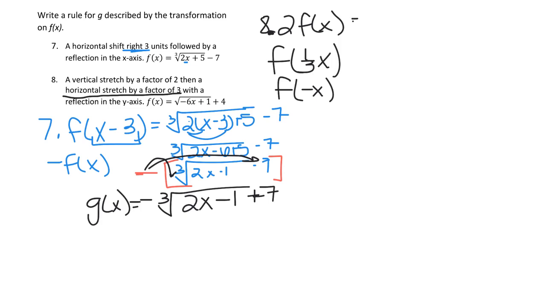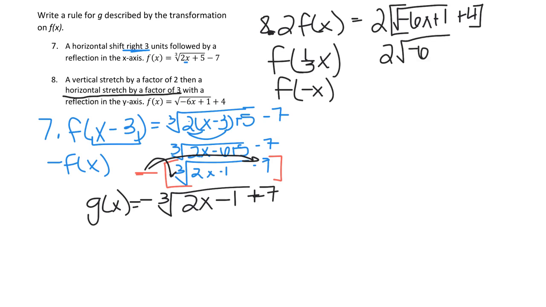We're going to start by multiplying the whole thing by 2. 2 times the square root of negative 6x plus 1 plus 4. And then remember, it becomes 2 square root of negative 6x plus 1 plus 8. We must distribute it.